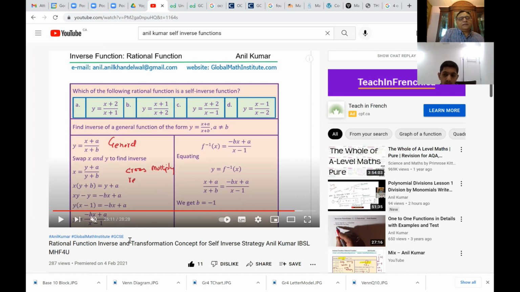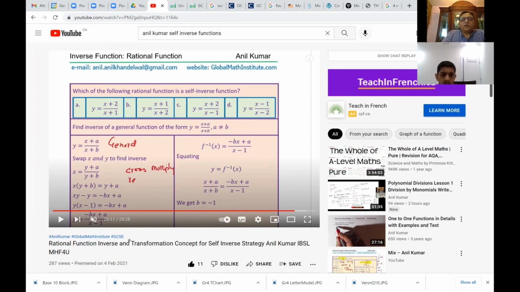So when you want to find the inverse, see the method. I have x and y. So x equals (y + a)/(y + b). Cross multiply: x times (y + b) is y + a. Bring the y's together, that's the process. So you get y times (x − 1) equals −bx + a. Then isolate y, dividing (−bx + a) by (x − 1), and you get your inverse function, which is shown on the right hand side.